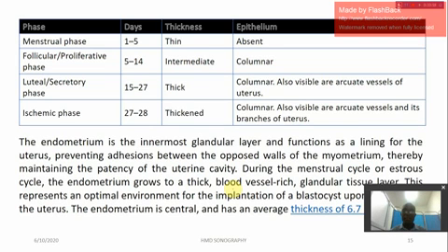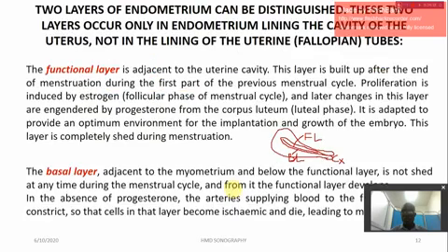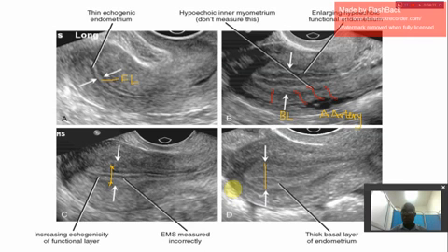The follicular or proliferative phase is intermediate, not too thick, about 14 millimeters, that's 1.4 centimeters. The secretory phase is 2.7 centimeters, it's thick and visible, so the arcuate arteries are more visible. As I showed you previously, the arcuate arteries are more visible here, as you can see, the blood supply.